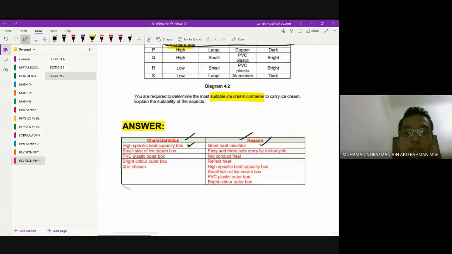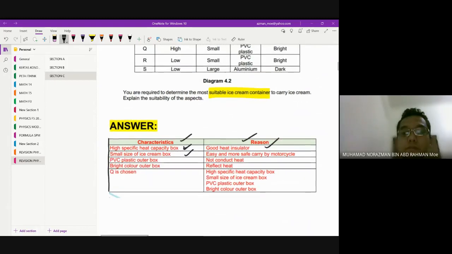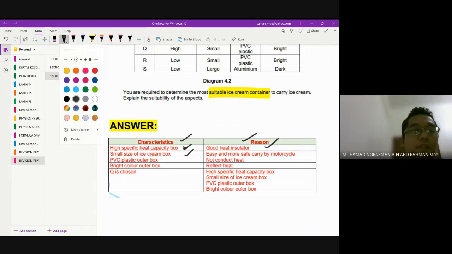For the size of the ice cream box: small ice cream box, more safe to carry by motorcycle. We avoid using the word easy.